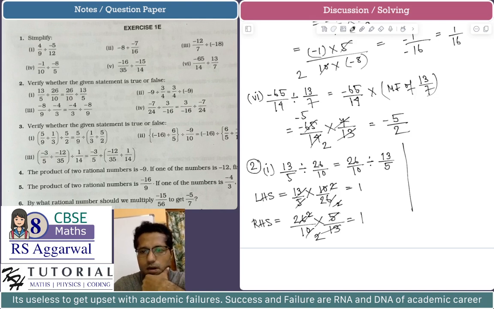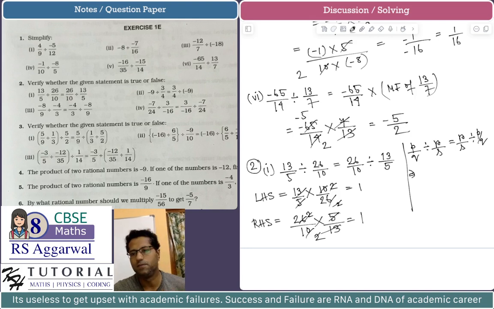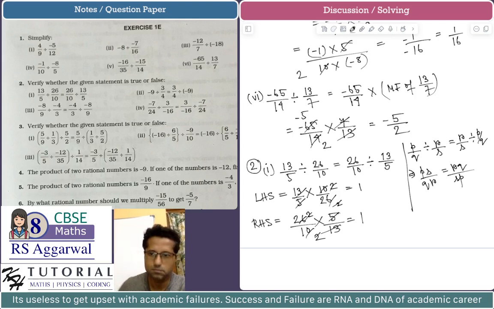Let's say we have two rational numbers, P by Q and R by S. If P by Q divided by R by S is equal to R by S divided by P by Q, this implies the left hand side will be PS by QR, and the right hand side will be RQ by SP.